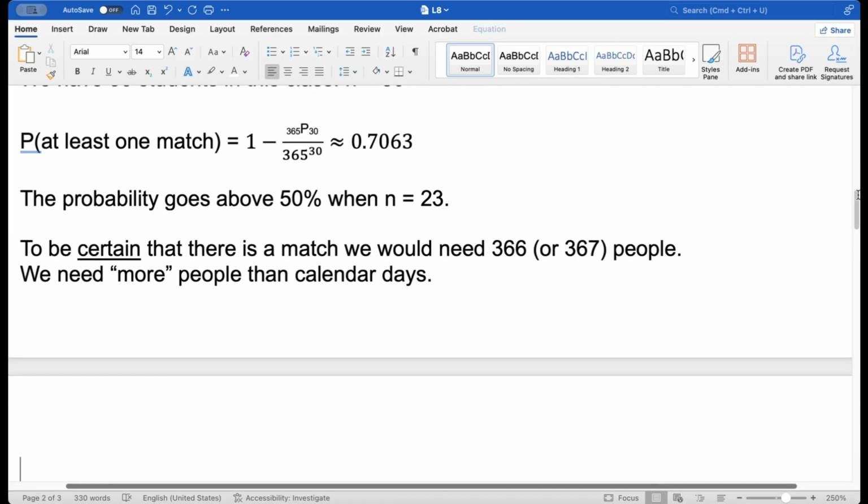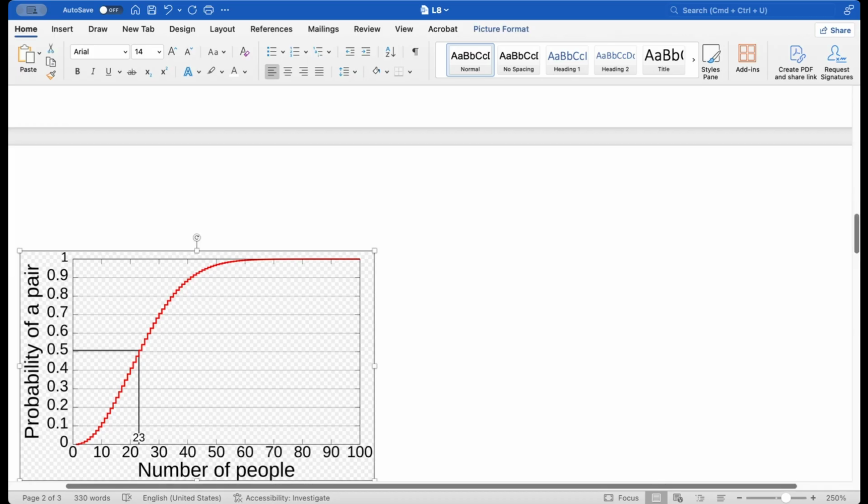We have a graph here, and we see that when we reach 23, the probability goes above 50%. At 30, we had it a little over 70%. At 50, we're over 90% at that point.